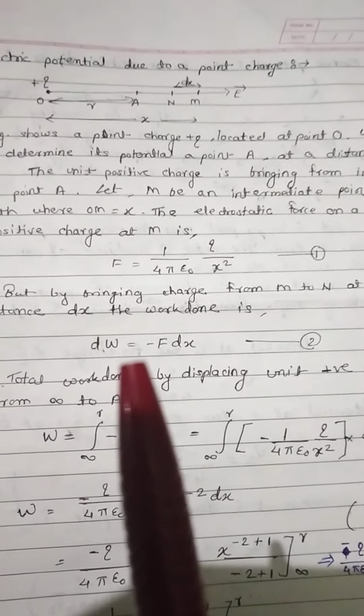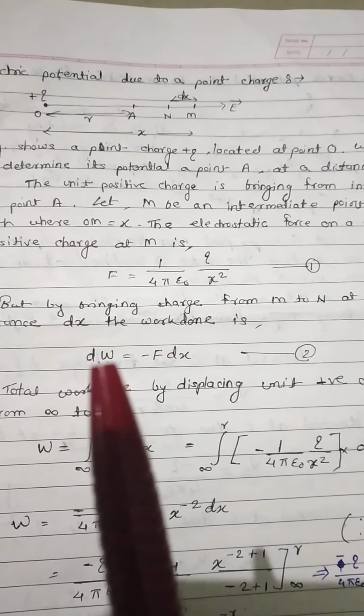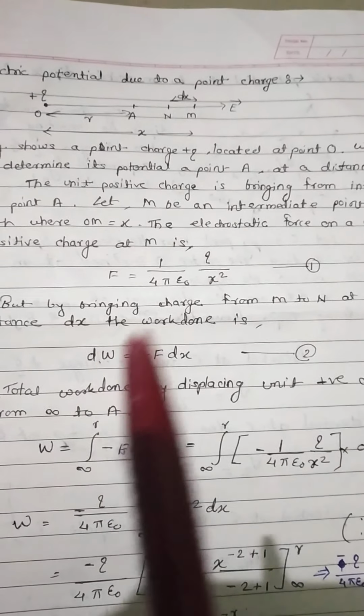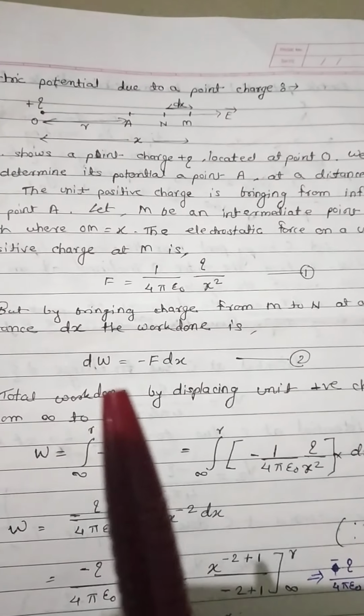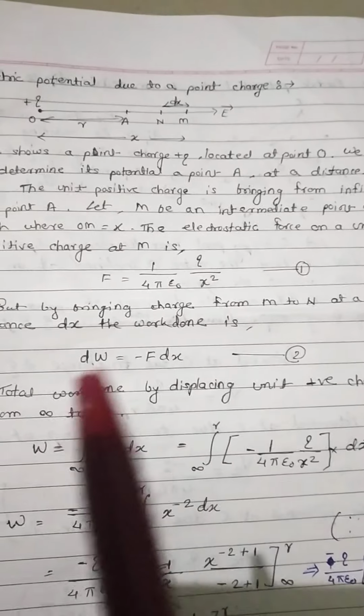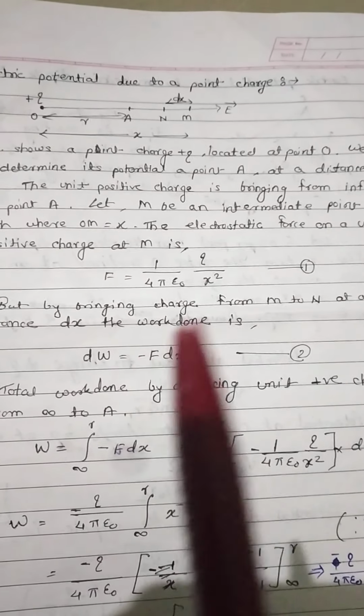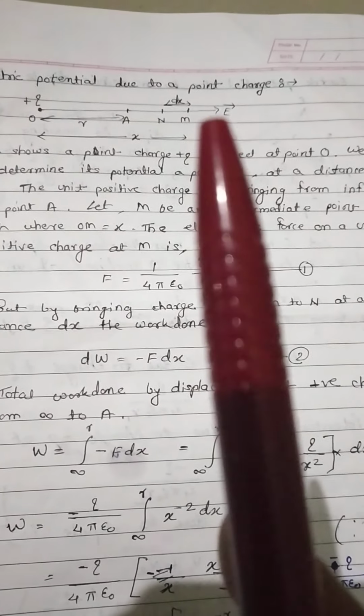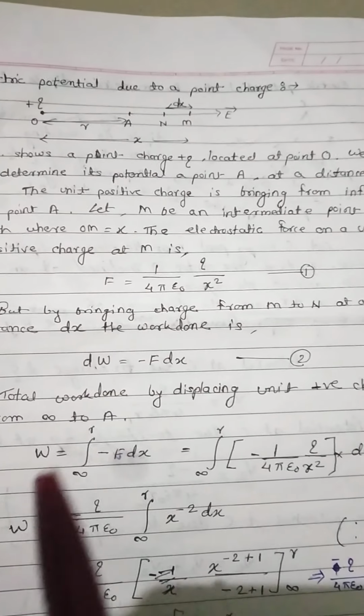So we get a minus sign. So dW, the work done for the small displacement dx, is equal to minus F dx, equation number 2. Here the minus sign indicates work done opposite to the direction of the electric field.